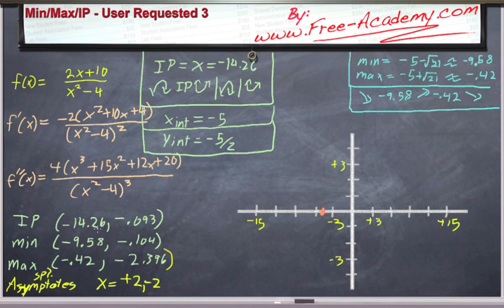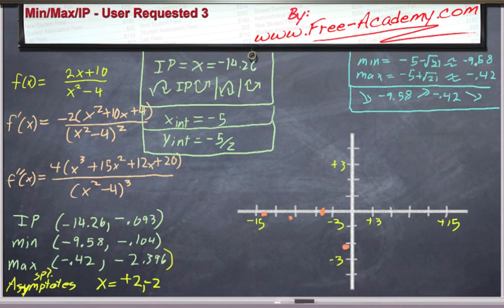We have an inflection point at negative 14 and negative 0.93, which is way down here. A minimum at negative 9.58 and negative 1.04, which is about there, not to scale, of course. Maximum at negative 4.2 and negative 2.396, so that's about here.